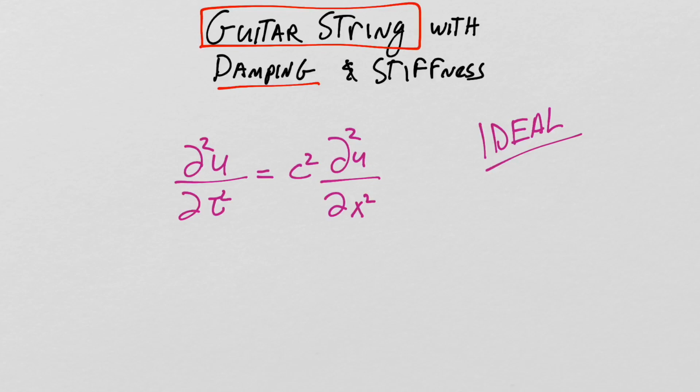And the key that makes this so important, or the point that the ideal wave equation tells us, is that the frequency of every harmonic, the nth harmonic frequency, is some multiple of a fundamental frequency.